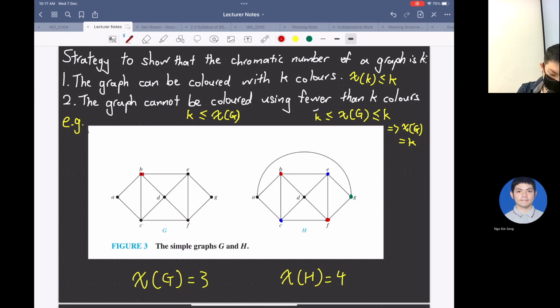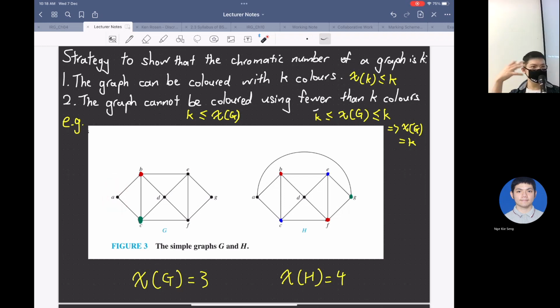If I label A as black and B as red, then C should be a different color than A and B, so we can put maybe green. But D is connected to B and C, so it should be a different color from both of these. We can either introduce a new color or we can reuse the color black.